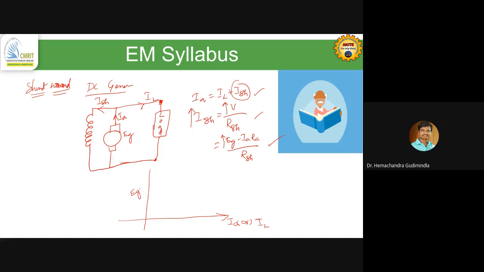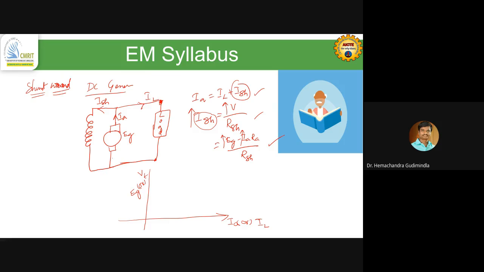Now EG or terminal voltage VT. How are the characteristics for the shunt wound generator? If IA increases, EG also will increase, maintaining the shunt resistance constant.